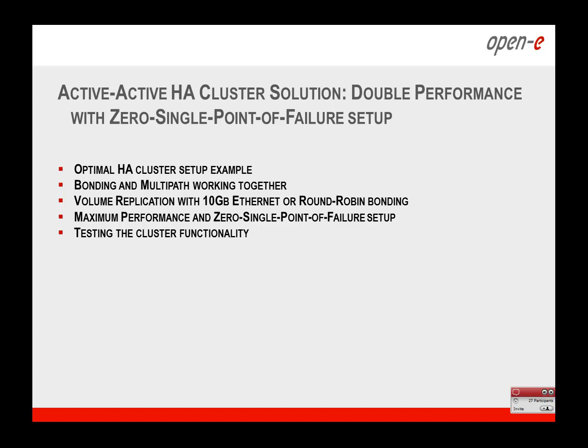And also we will show step by step how to set up this configuration chart, which I will show you in a few seconds. And we will make some simple tests.